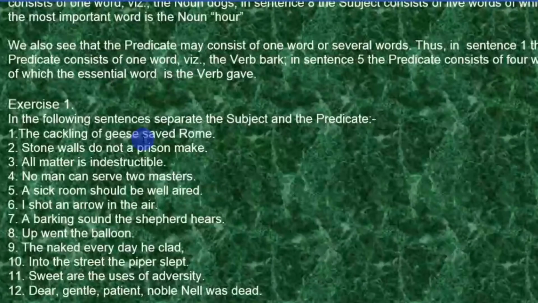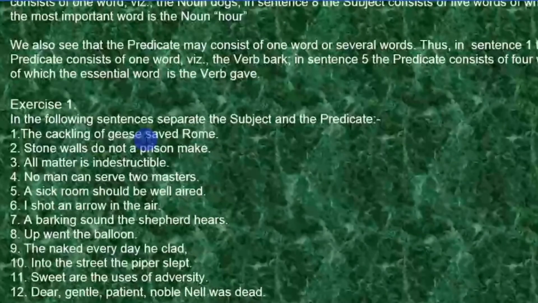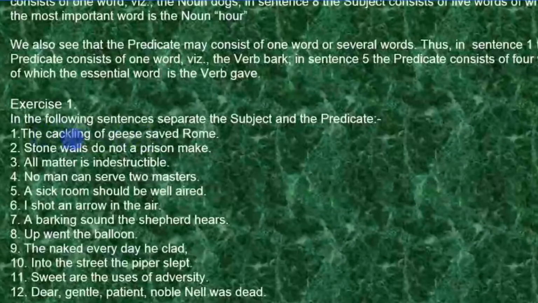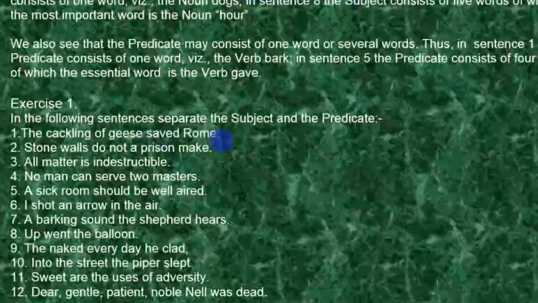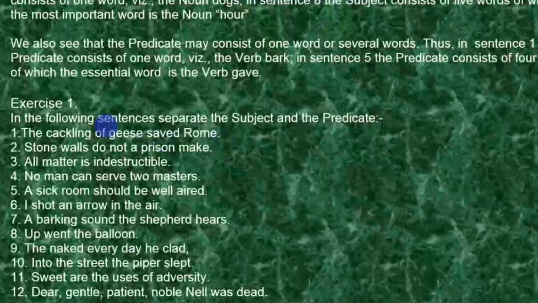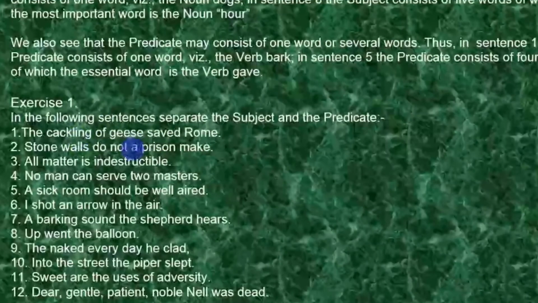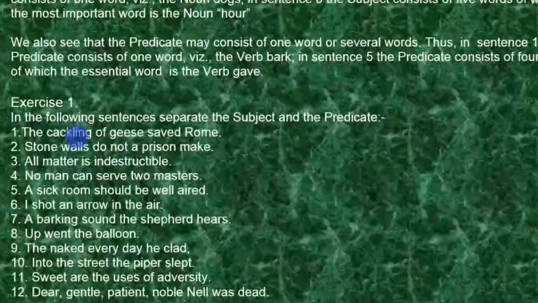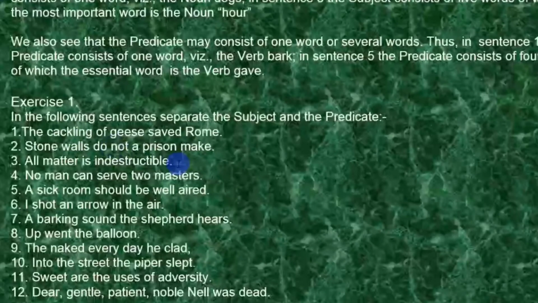And after finding out the verb, you have to see who is performing that verb. So here, the cackling of geese saved Rome. Who saved Rome? Geese or the cackling? It is quite clear in this sentence that the cackling saved Rome. Cackling of whose? The cackling of geese.